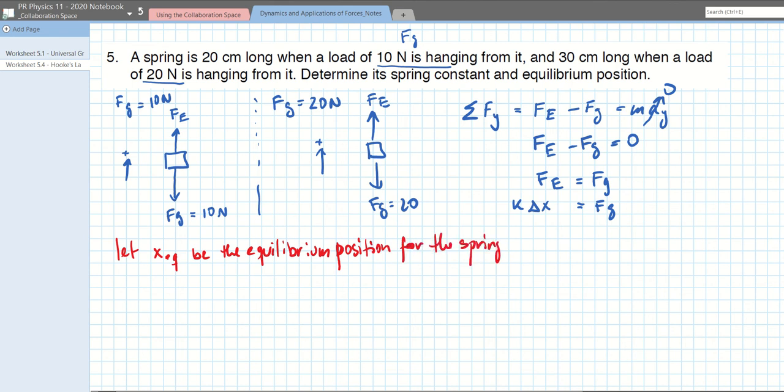This is going to be the same x equilibrium for both of them because the spring is the same, it's just different forces that are acting on it. And then the other is going to be our x, which is the length of the stretched spring.